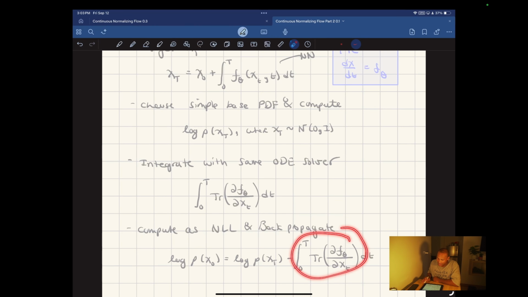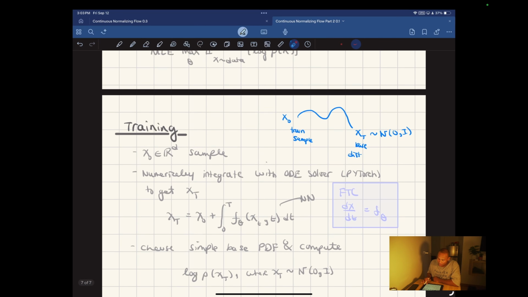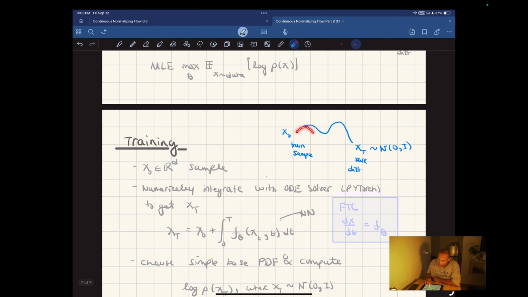However you've expanded or contracted from your original point to get the density here, you need to subtract that. Let's say you've expanded from this point to get to here.